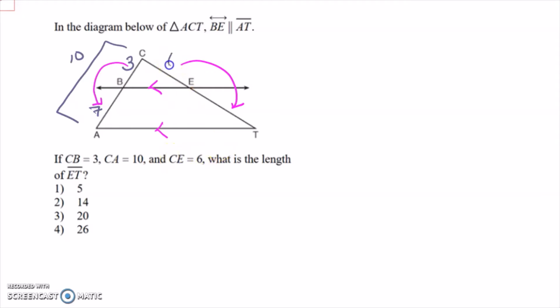And then CE is 6, and I'm requested to find ET. So now I can say 3 is to 7, the same way 6 is to X. I use the means extremes product theorem, and then X is 6 divided by 3 is 2, times 7 is 14.